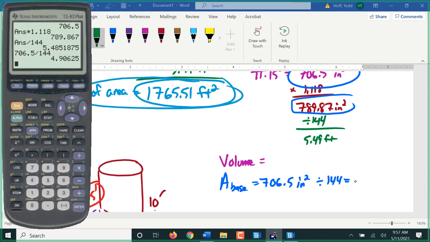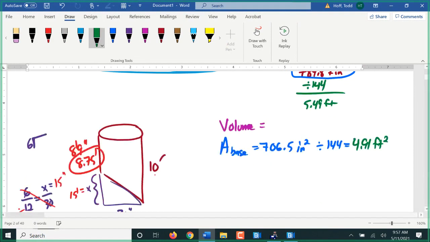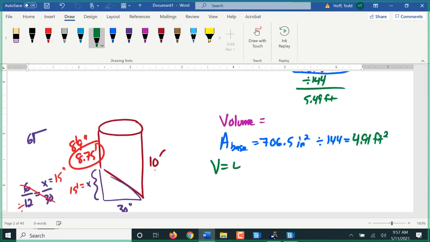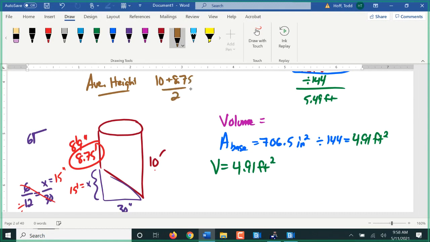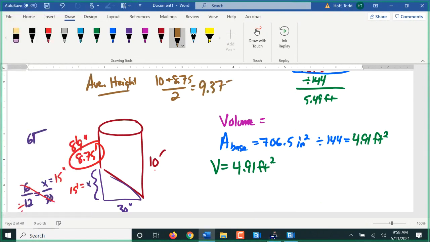That's 4.91 square feet. And we just multiply the area of the base by the average height. The average height here is going to be the 10 plus the 8.75 divided by 2. So 10 plus 8.75 is 18.75, divided by 2 is 9.375 feet.